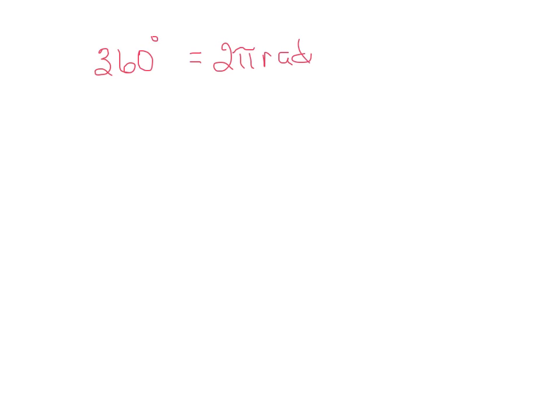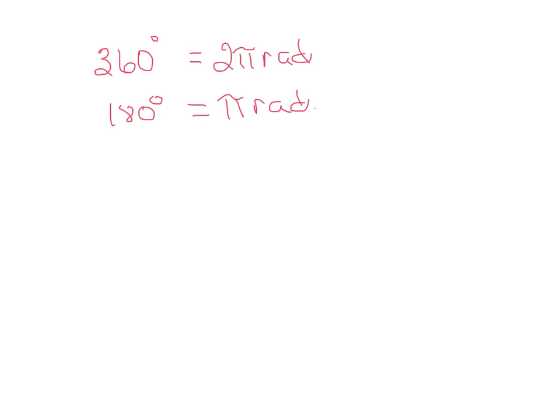So we're going to see if we can come up with a conversion factor. If half of a rotation in degrees would be 180 degrees, and that is what in radian measure? Pi. Okay, so 180 degrees is pi radians.